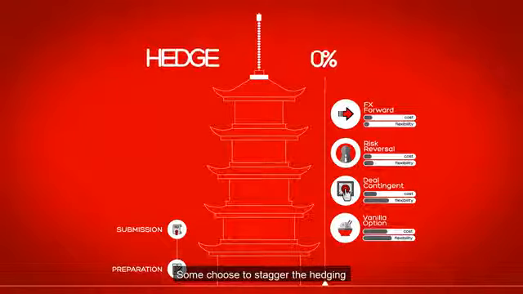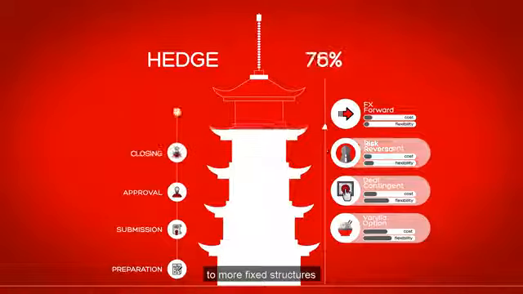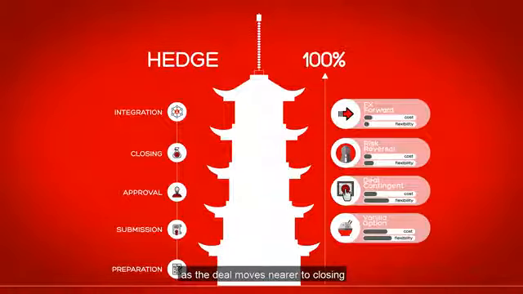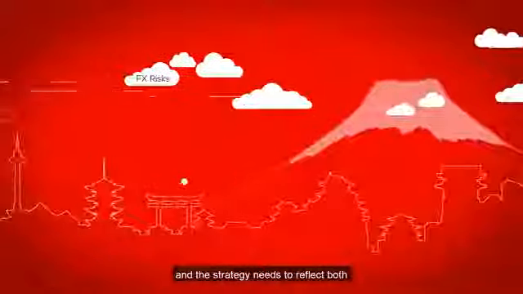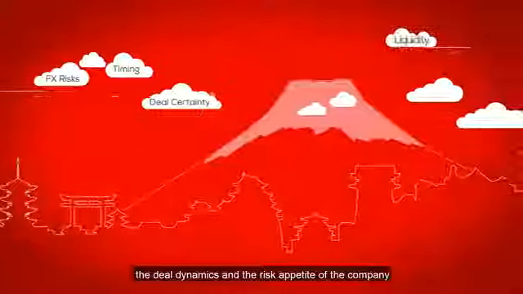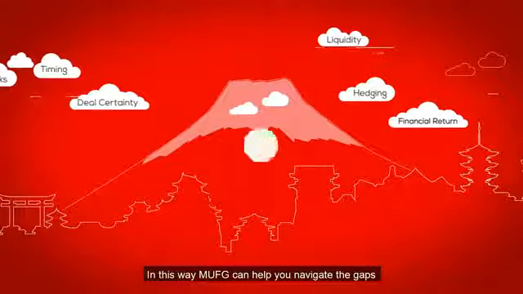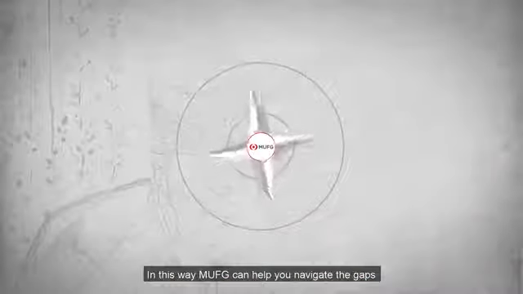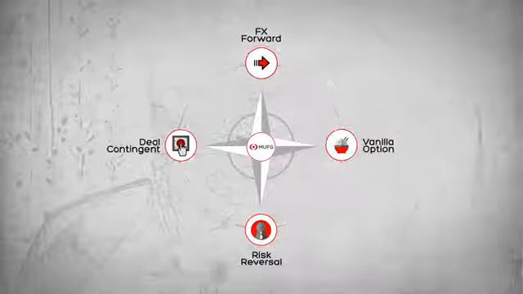Some choose to stagger the hedging and move from more flexible products to more fixed structures as the deal moves nearer to closing. The reality is there are so many ways of approaching this problem, and the strategy needs to reflect both the deal dynamics and the risk appetite of the company. In this way, MUFG can help you navigate the gaps and build a strategy that best fits your needs.